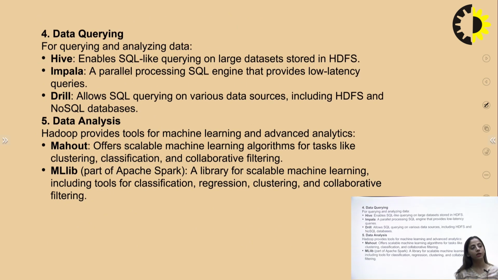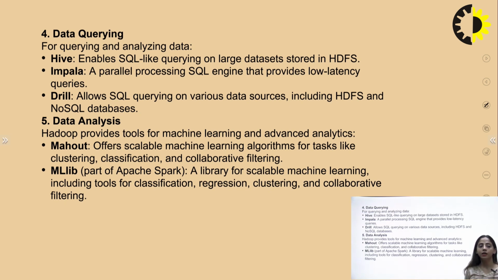Now, data querying. For querying and analyzing data, we can use tools like Hive. Hive enables SQL-like querying on large data sets stored in HDFS. Impala, a parallel processing SQL engine that provides low latency queries. Now there is Drill. Drill allows SQL querying on various data sources, including HDFS and NoSQL databases.